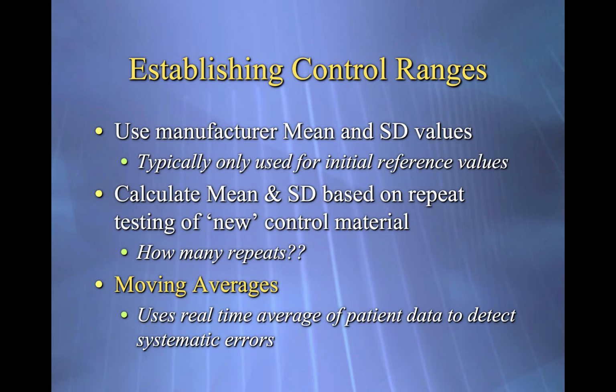So first thing is to establish control ranges. So the manufacturer is going to give you a mean and standard deviation for their control materials. But typically we use those only for their initial values. In most laboratories, you're going to, oh, gee, I'm running low on this set of controls for this instrument.